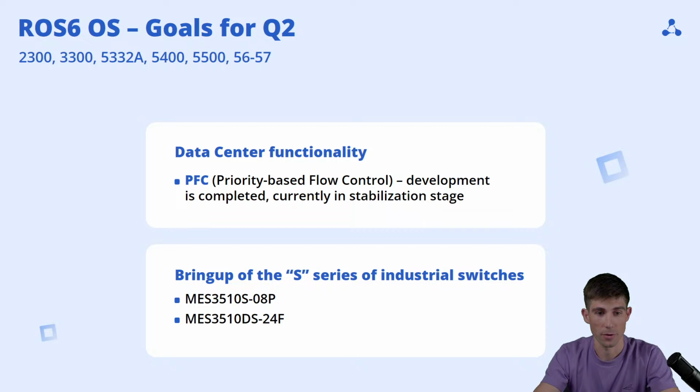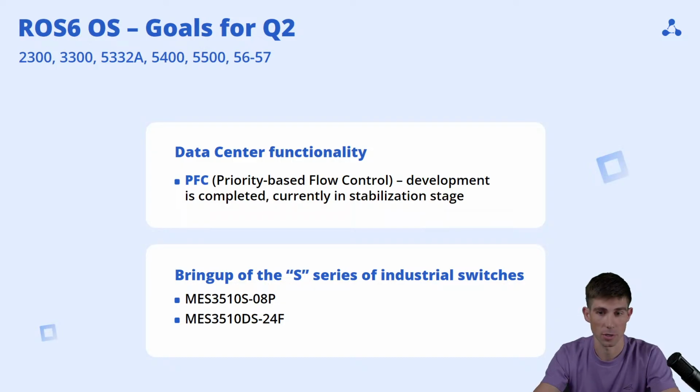Another thing that has to do with the hardware is our plans on extending our industrial switches lineup. There are two models that we brought up during the second quarter. You may notice that they both have an S letter in the name, basically referring to SYNC-E, synchronous Ethernet technology.